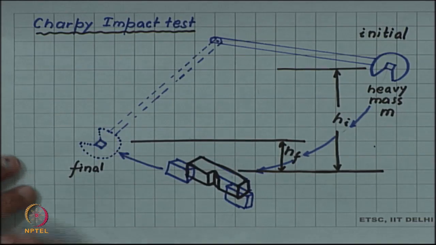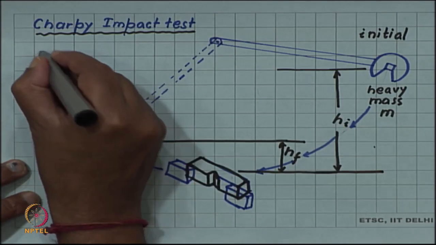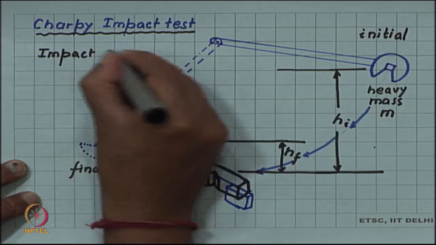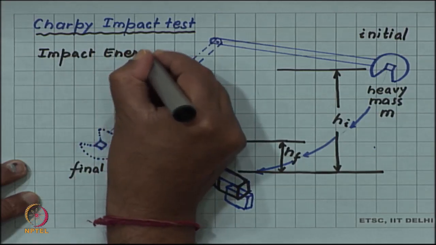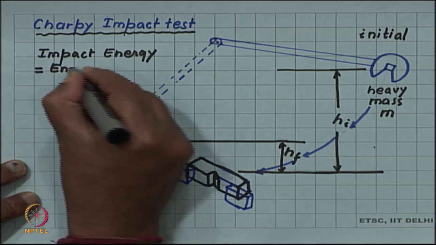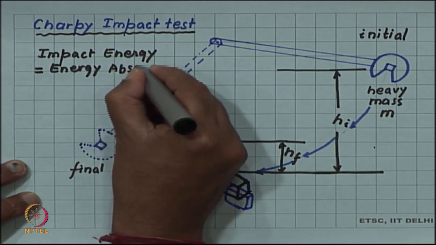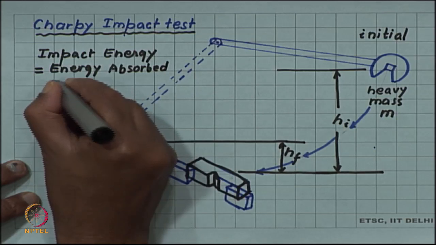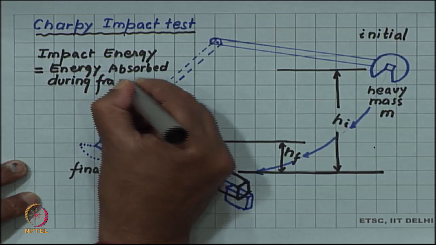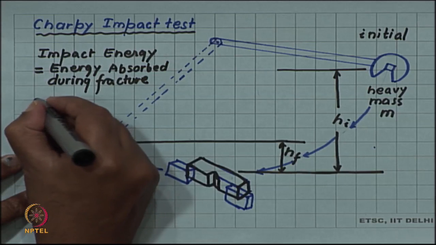So, let us write that difference in energy, that is what is called the impact energy. So, impact energy is energy absorbed in fracture, is energy absorbed during fracture.